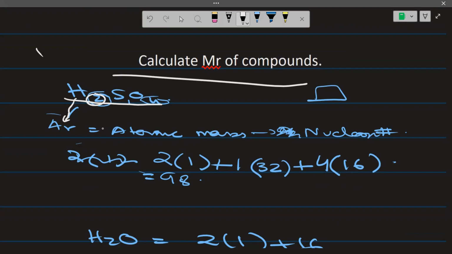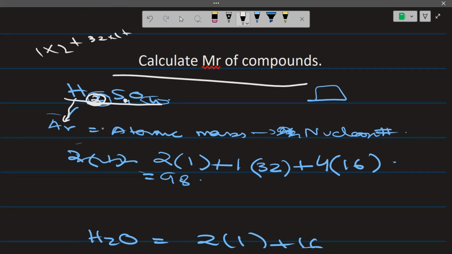It's 1, and here the number is 2, so we multiply 1 by 2, plus S. For S, nothing is written, so we write 1, and we multiply 32 by 1.